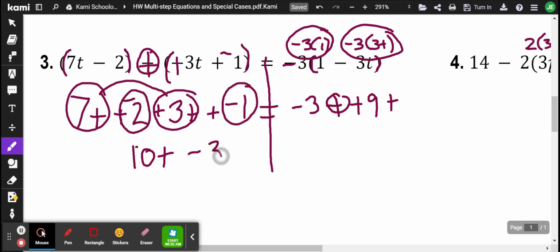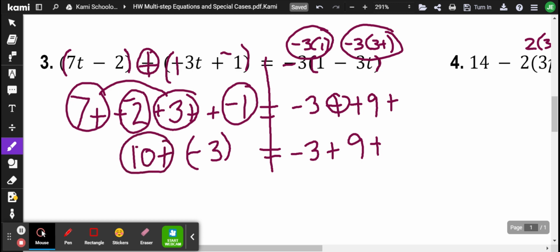So we have a total of 3 negatives, and that is equal to negative 3 plus 9t. So there's more variables, 10 times t on this side. So let's subtract 9 from both sides.